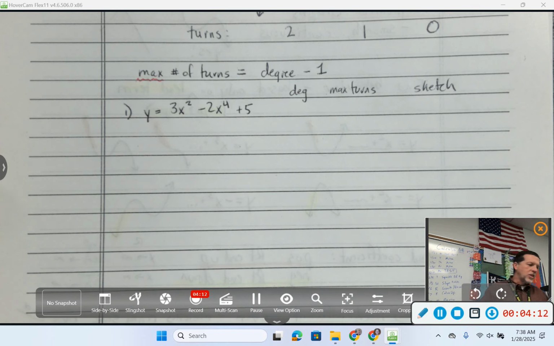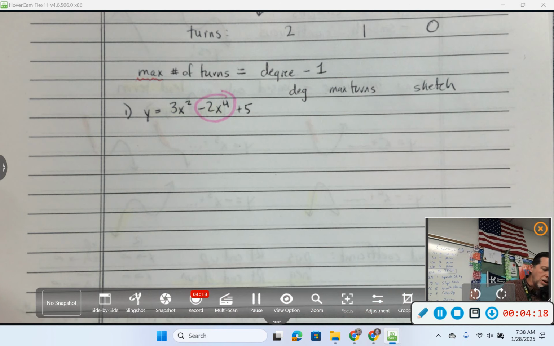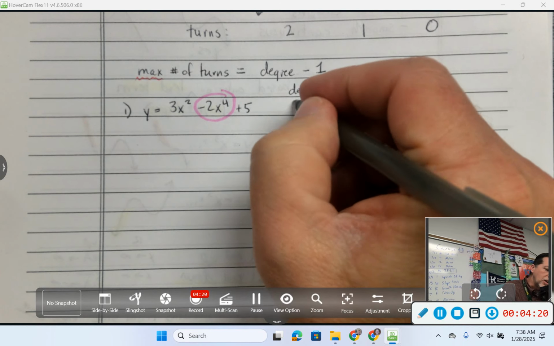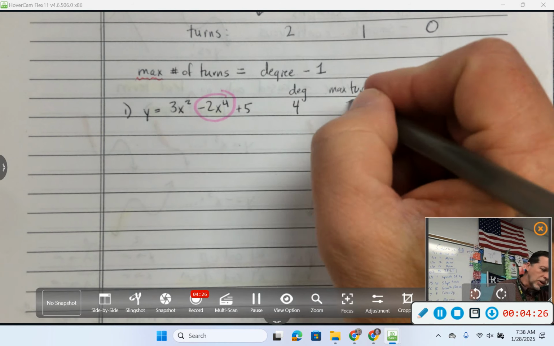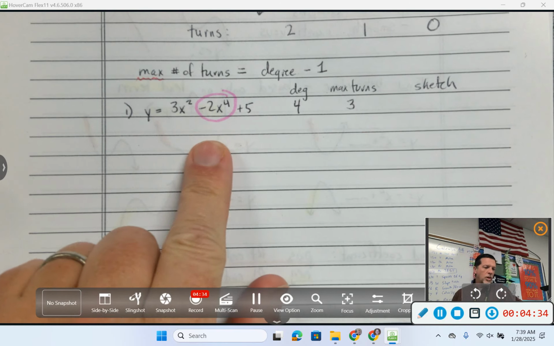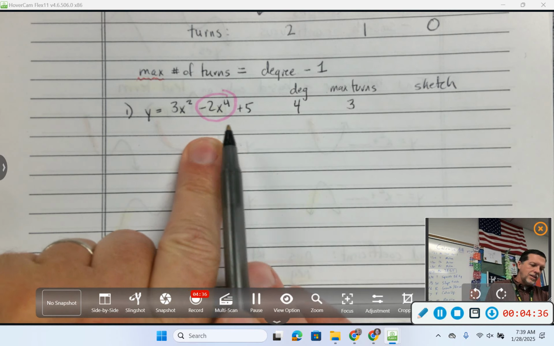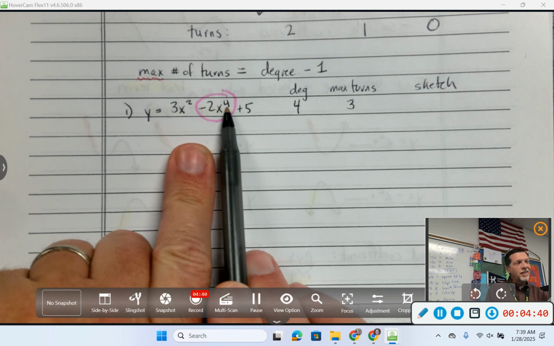Okay, so what's the degree of this guy? 4. Again, hiding the lead term just to be annoying. Degree is 4. So what's the max number of turns? 3. Now a sketch, I need it to have 3 turns, but I also need to use what we did yesterday. It's even, so the ends go the same way.